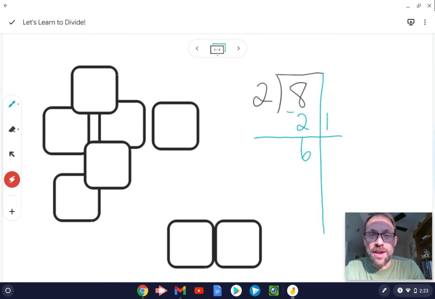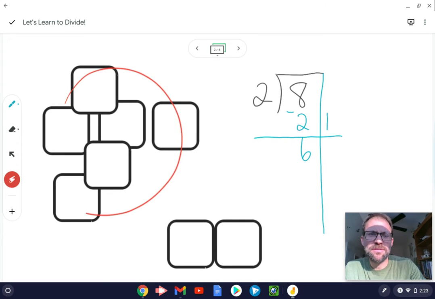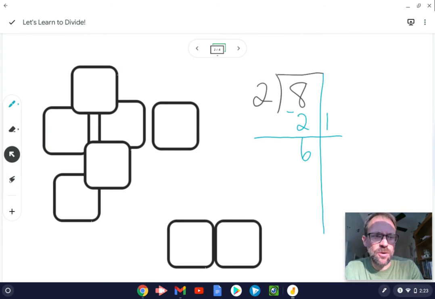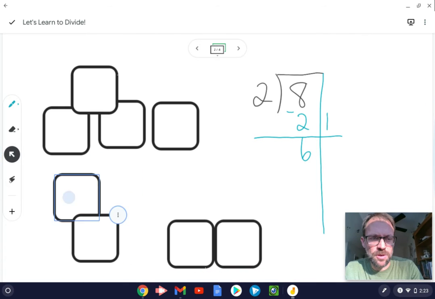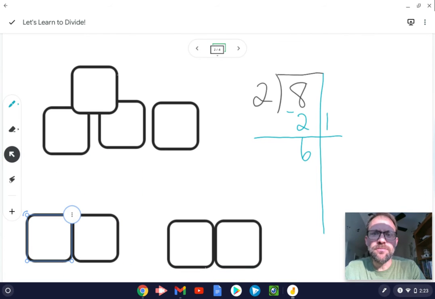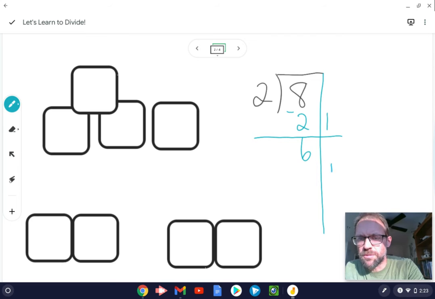So now we repeat the steps. We ask ourselves, can we take another group of 2 from these 6? Sure we can. So let's go ahead and take another group of 2. 1, 2. That's one more group of 2. We'll record it again just like that. And one group of 2 is just 2.